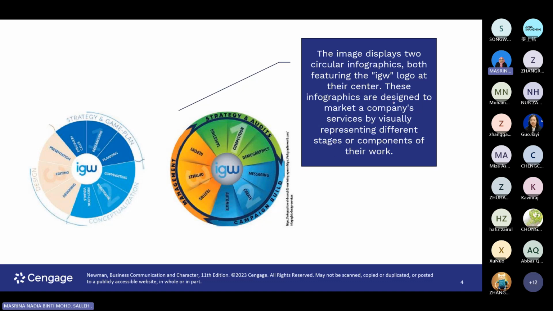Basically these infographics are designed to market, so it's publicly available, to market the company services. They are using this infographic to promote their services by visually representing different stages.